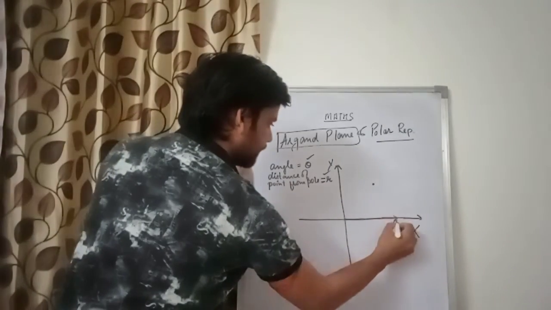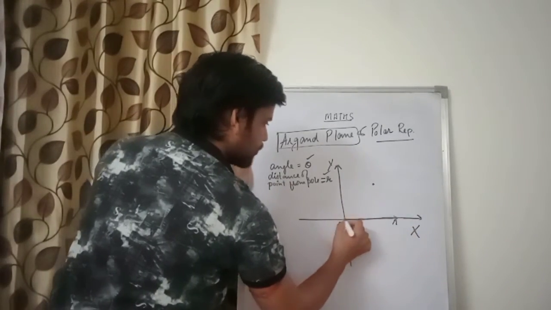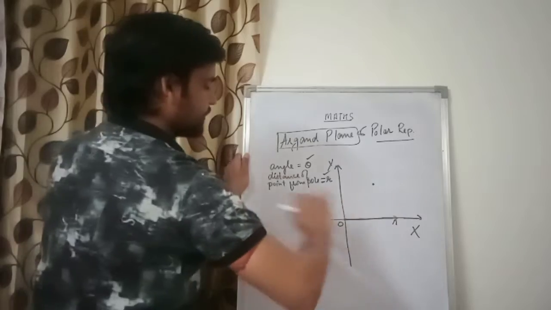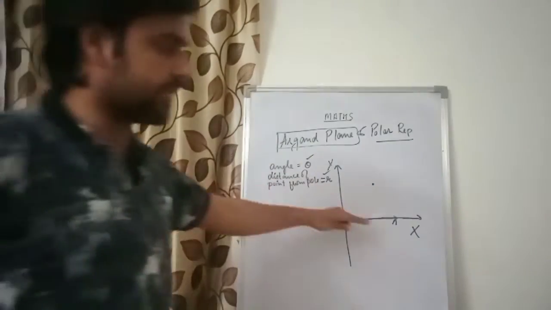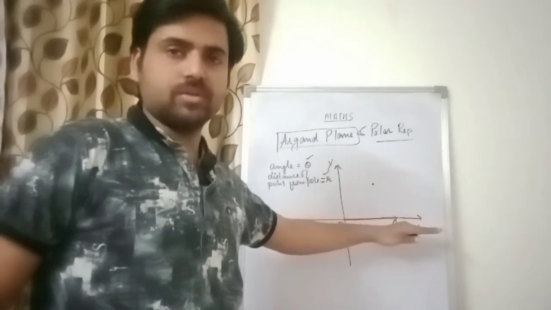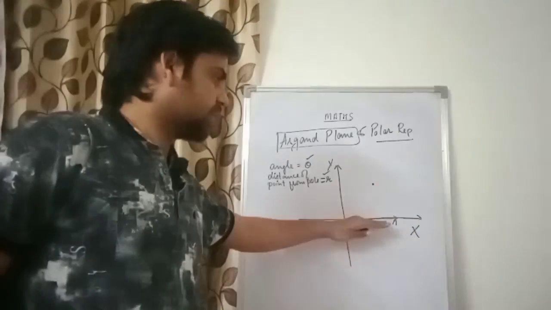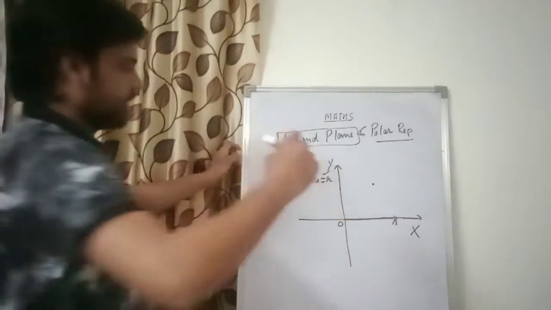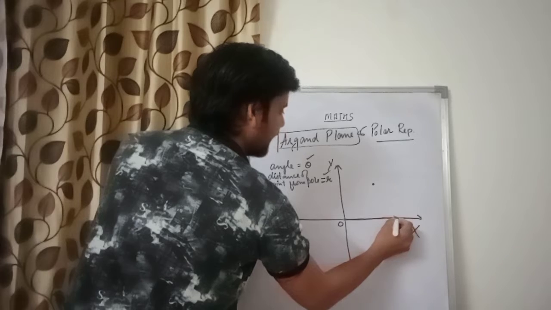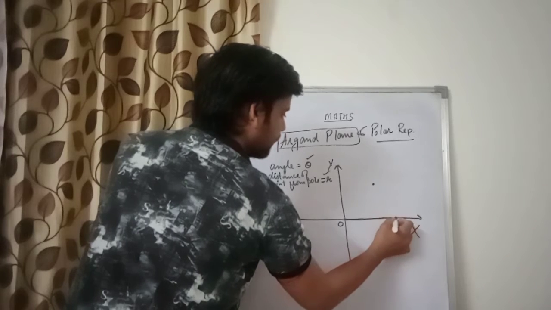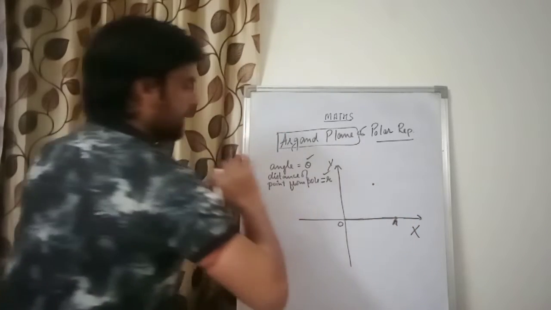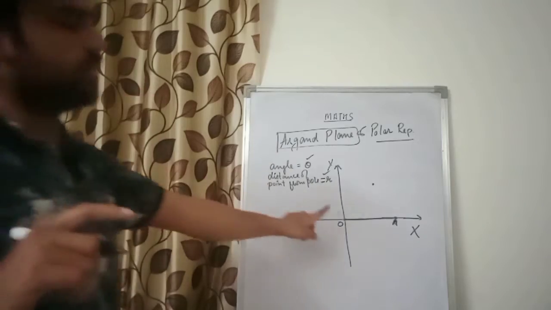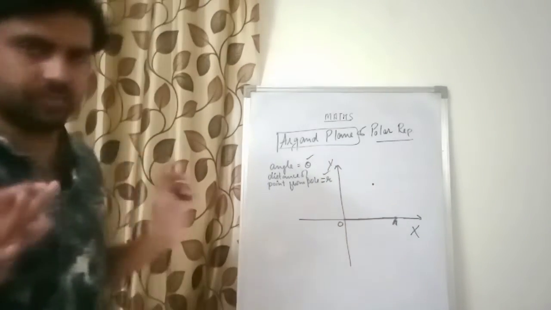Let's say this is A and this is O. So OA is lying on the x-axis. So the angle between the OA line segment and the x-axis will be 0 right now.